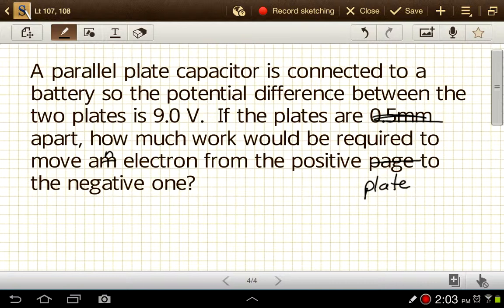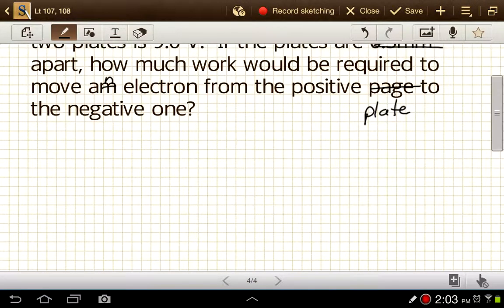Okay, so we've got 9 volts of potential difference. We've got an electron, which has a charge of, oh boy, what is the charge of an electron? Better go to that constants sheet that comes with your equation sheet. The charge of an electron is a negative 1.60 times 10 to the negative 19th coulombs.